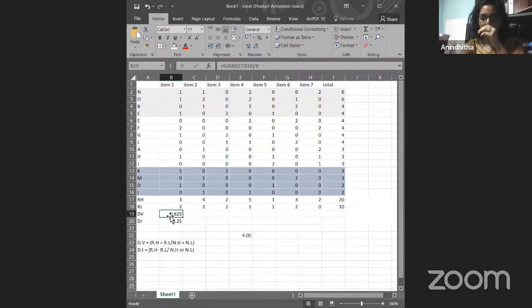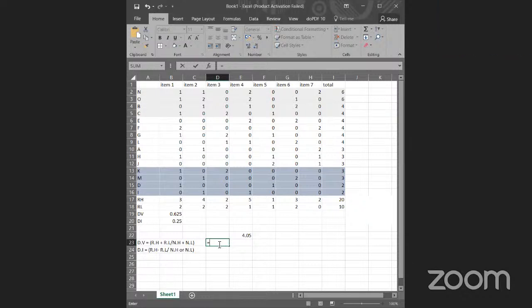I hope you're all following along with me on this. So this is what we're going to do here as well. Here, can one of you just tell me what formula we're going to use so that we can get an understanding whether you're following me or not. You want a value or a formula? Both. I would like both. So DV should be 4 by 4 plus 2.